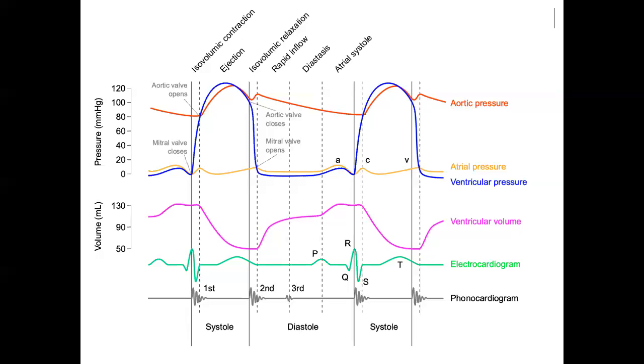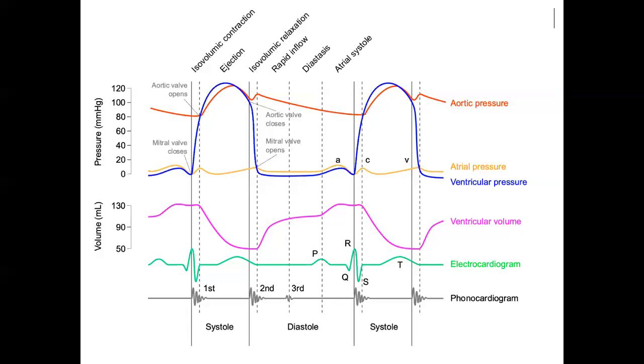And this at the bottom is your sounds. Heart sound 1, heart sound 2, and in some people a third heart sound, but that's rare, few and far between. You see the start up here: aortic valve opening, mitral valve closing, aortic valve closing, mitral valve opening.